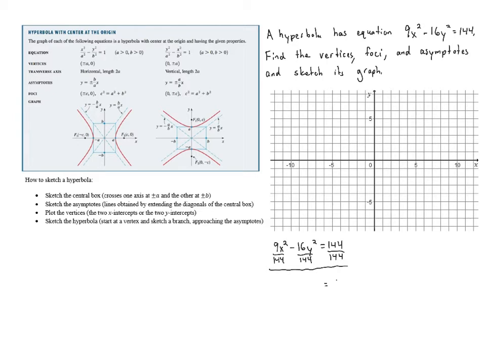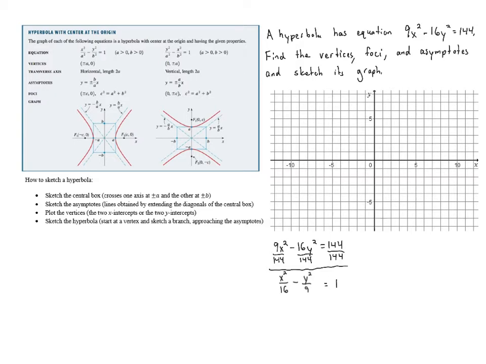On the right-hand side, we're left with 1, and then on the left-hand side, we can reduce these fractions. 9 and 144 are both divisible by 9. When we reduce by a factor of 9, we're left with just the x squared up top and then 16 on the bottom. Then minus, and when we reduce this fraction, we can reduce by a factor of 16, giving us y squared over 9.